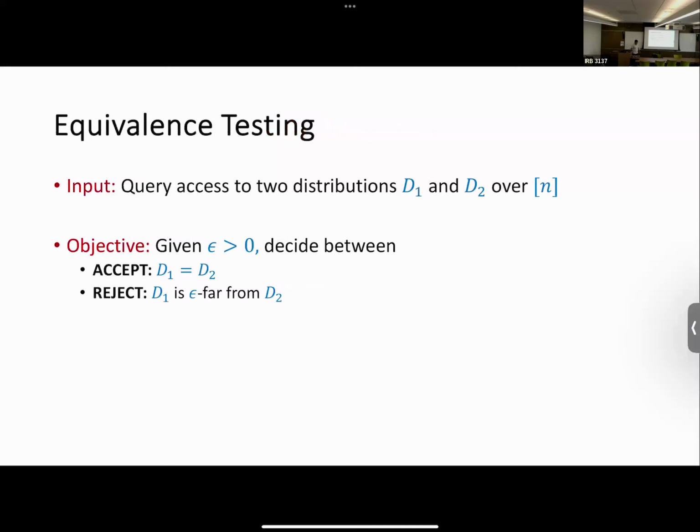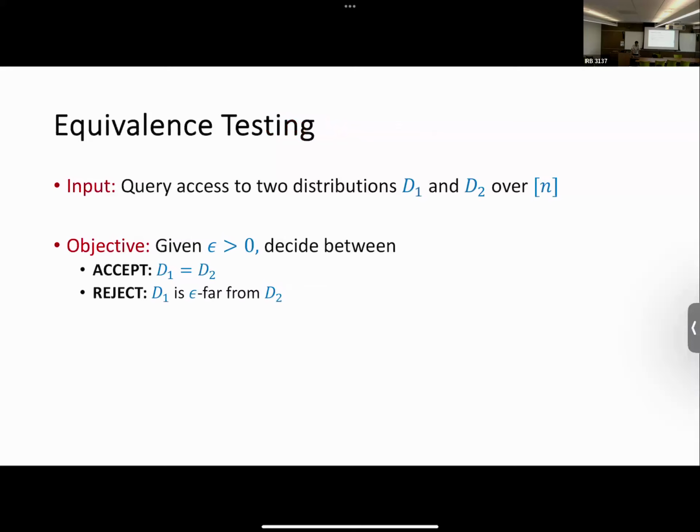Okay, so now let me come to the main point: what is the equivalence testing problem? In the title you have seen that I am going to talk about equivalence testing, but so far I have not defined it. In this problem, you are given two distributions, with sample and query access to both.